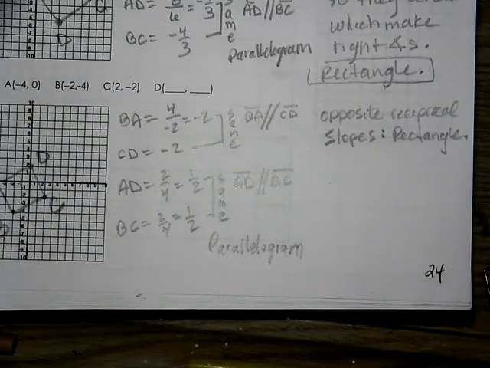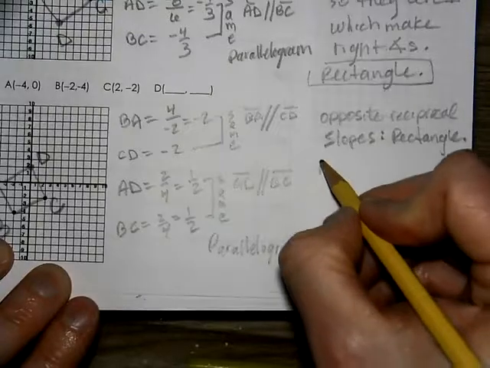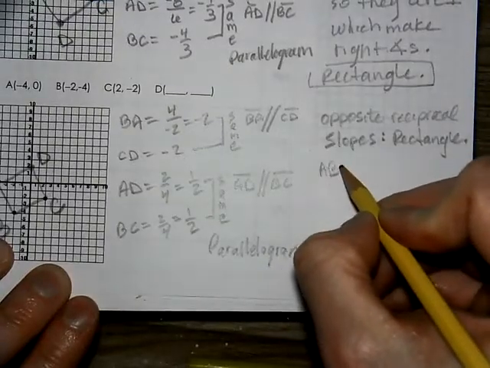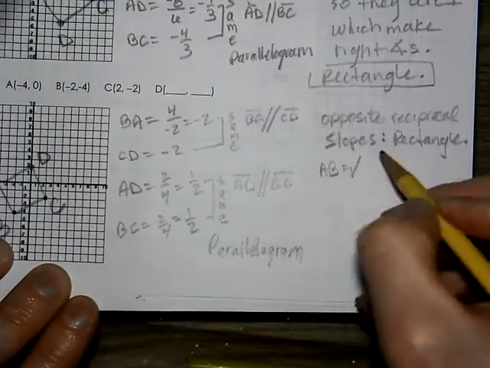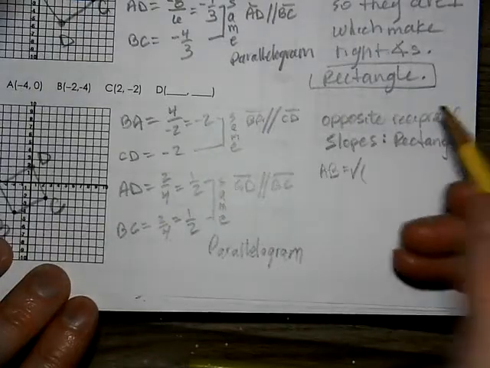So now what I need to look at is the consecutive sides. So let's look at side AB, and look at their length.